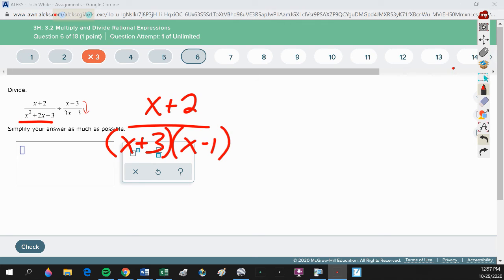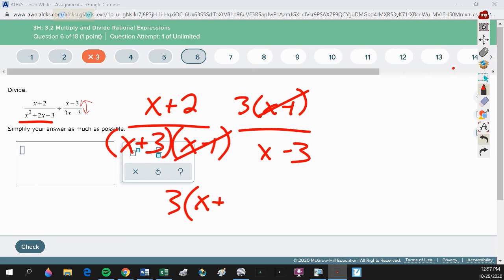And then we reciprocate this, 3 over x minus 1 and x minus 3. Does anything cancel? Just the x minus 1s. And luckily the people who built this were really smart, and they said leave it in factored form. So on top we have 3 times x plus 2, and on bottom we have x plus 3 and x minus 3.